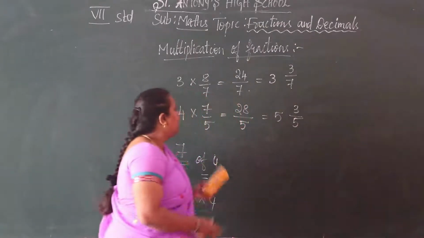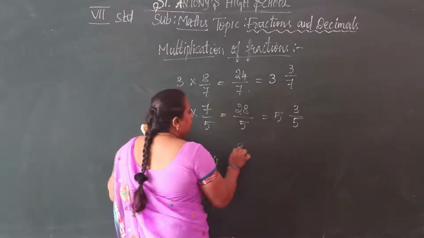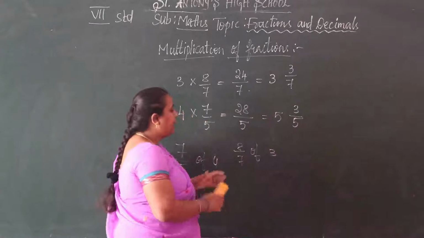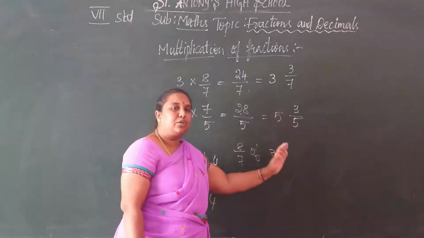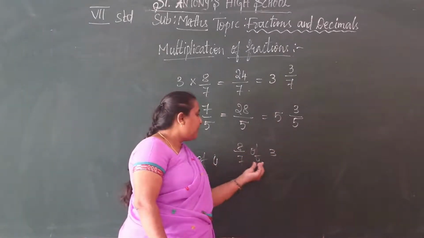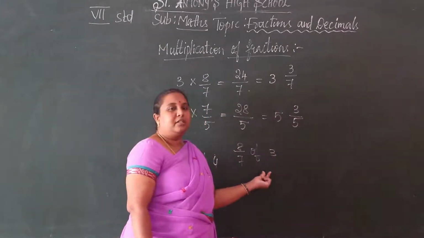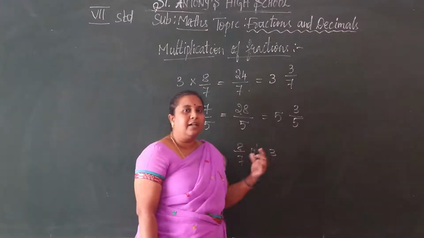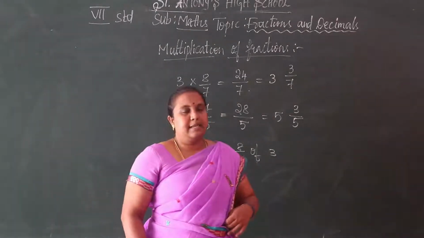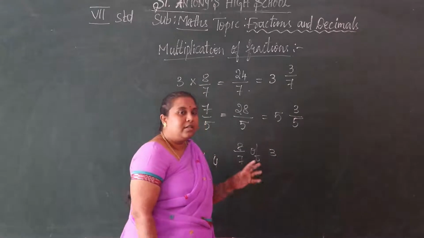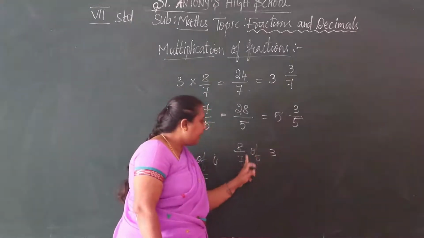So we can write simply 8 by 7 of 3. 8 by 7 of 3 means we are multiplying 8 by 7 into 3. This 'of' here is an operation symbol, that is, the multiplication symbol. Understood, children? So this is an operator here.